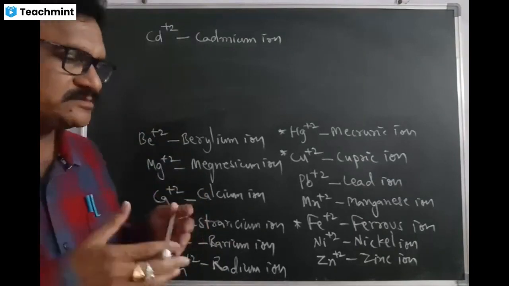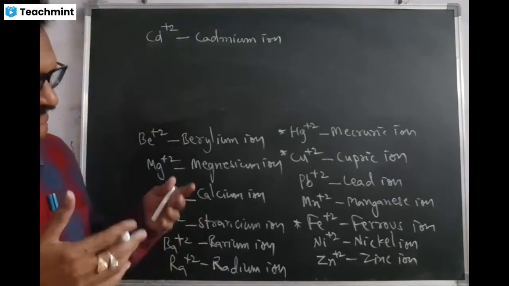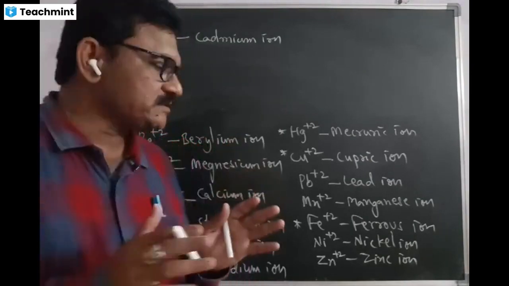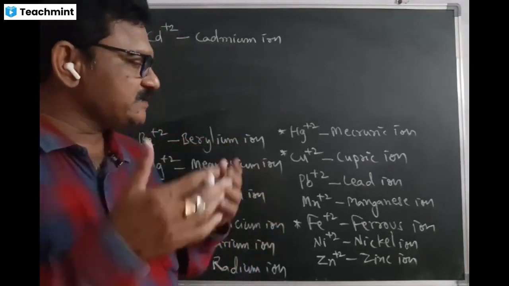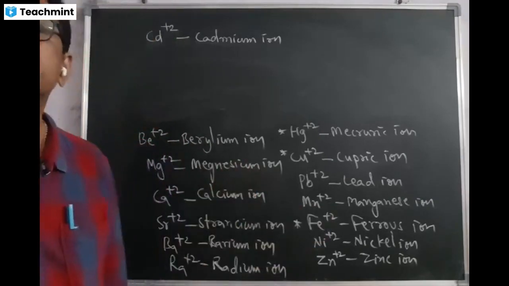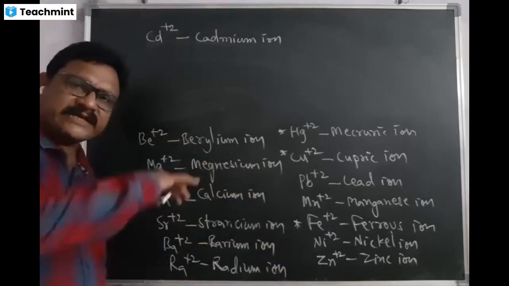Of course, besides these, you may have some more plus two ions, but you don't need to bother, because you can easily understand those ions while studying chemistry. Okay, these are enough. Once again, I repeat.